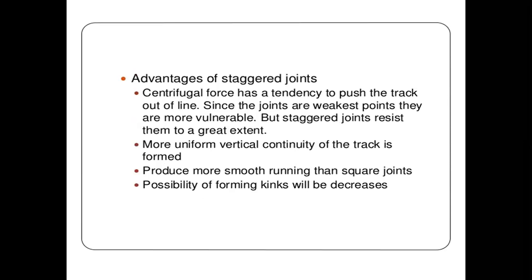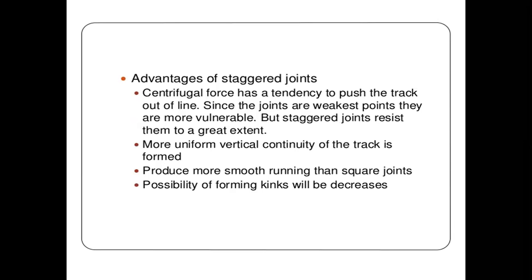The major advantage of laying staggered joints is this: the centrifugal force has a tendency to push the track out of line. Since joints are the weakest points, they are more vulnerable, but staggered joints resist this to a great extent.